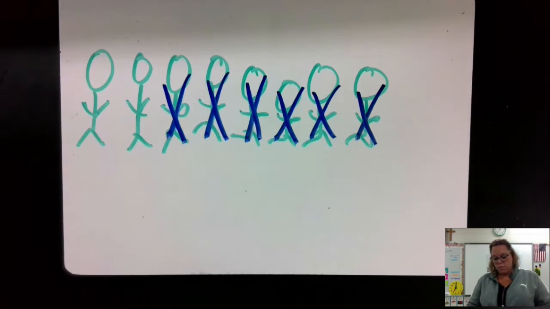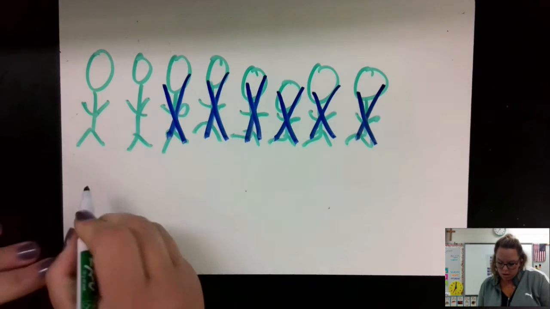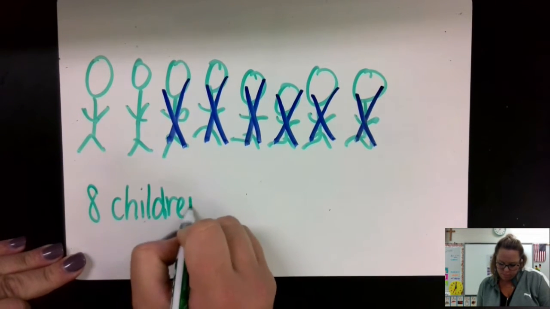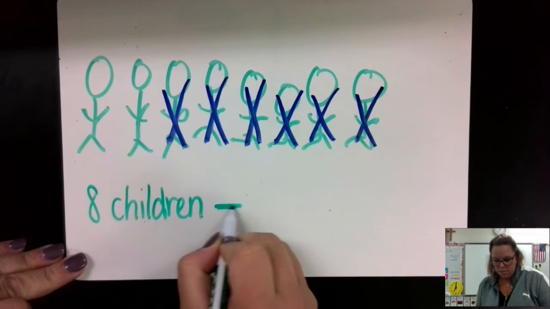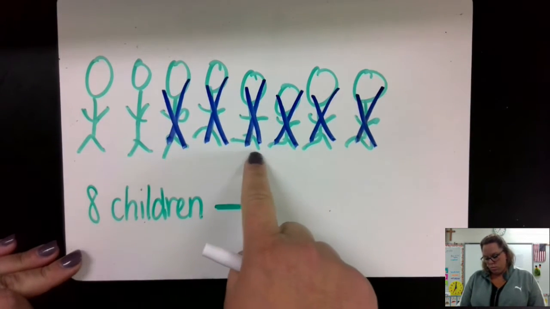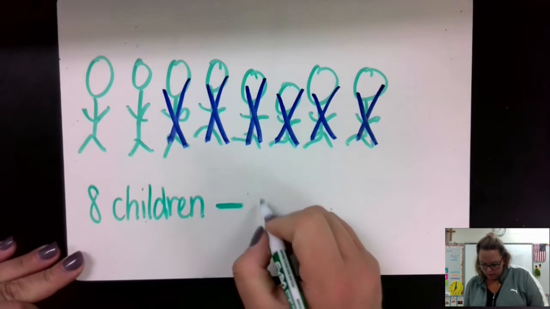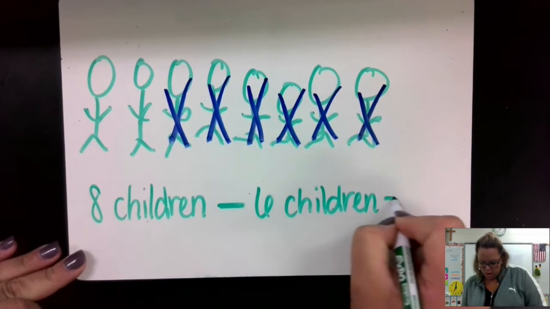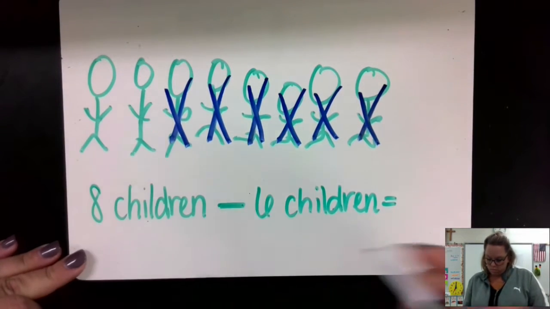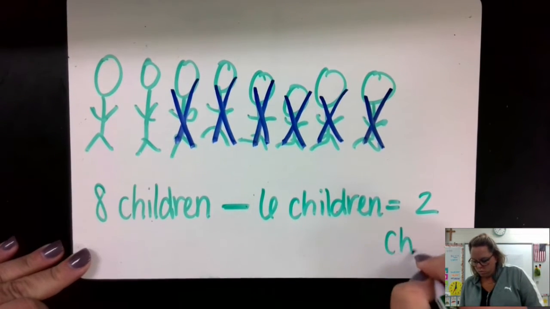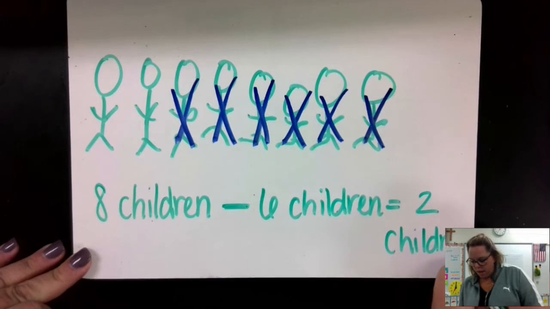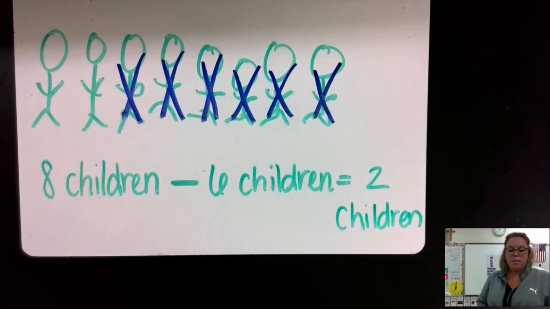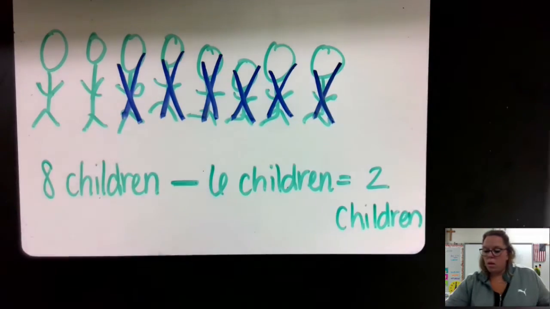How many kids are left at the park? I started with 8 children. How many went away? That's subtraction. How many went away? 1, 2, 3, 4, 5, 6. How many children are left? 2 children are left. Okay, some went away. Great job.